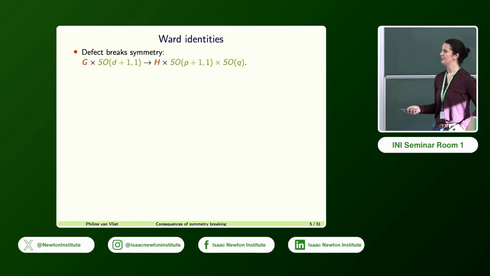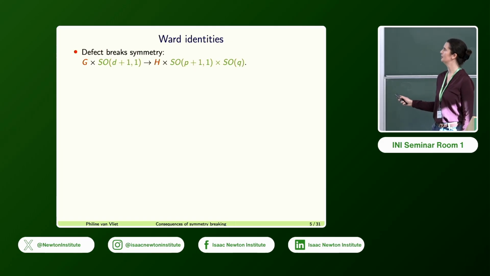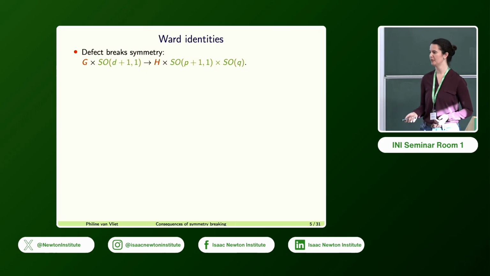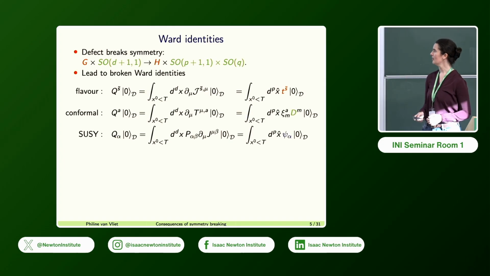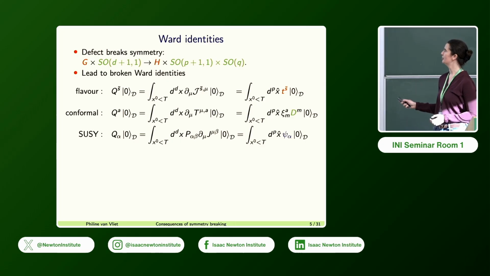Now, as we've seen, we are looking at conformal defects, so we break SO(D+1,1) to SO(P+1,1) times SO(Q). But we can also have additional flavor symmetries in the bulk, which are these groups G that get broken to some H. And as I said before, we can also have supersymmetry, but this is a bit harder to write down in general, so you have to just imagine it. This leads to a set of broken Ward identities: for the flavor current, for the stress tensor, and for the supersymmetric current.